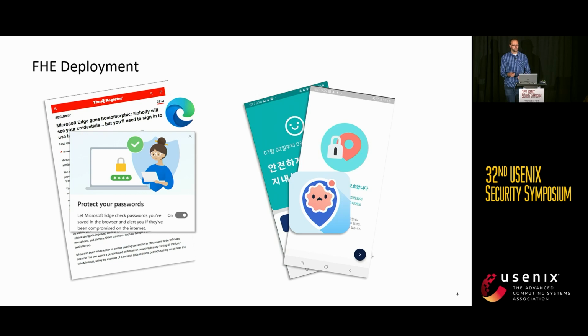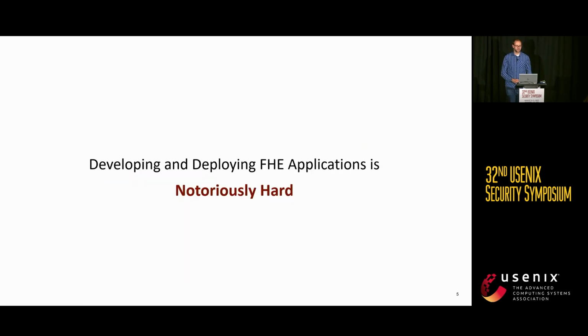And with performance no longer being the major constraint that it once was, we now have to ask ourselves, why isn't FHE being used more widely? Because these are basically the two applications I could find. And the reason is because developing and deploying FHE applications is notoriously hard. Both of these require teams of dedicated cryptographers and research engineers.